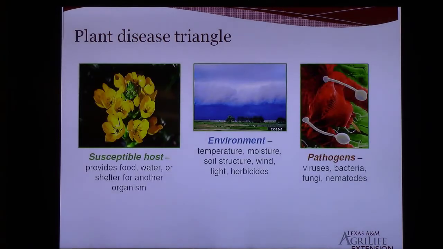So, a susceptible host. That susceptible host, that plant, provides food and water or shelter for another organism. We might not think about fungi or bacteria seeking shelter, but the plants that they live on, that's their home.